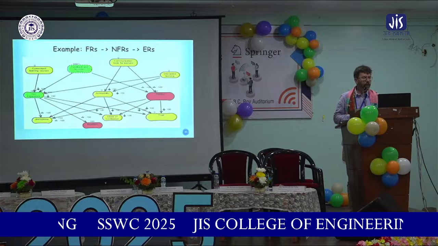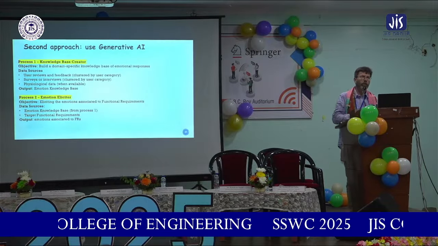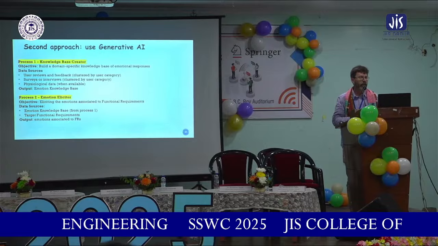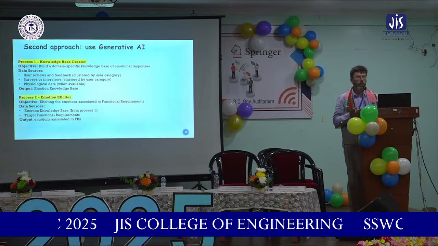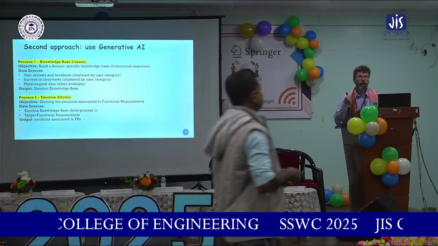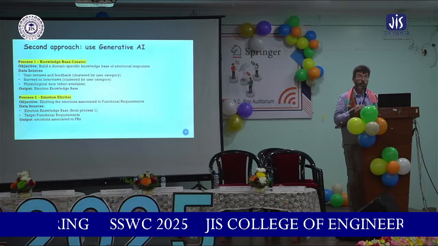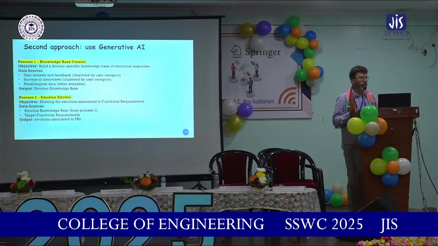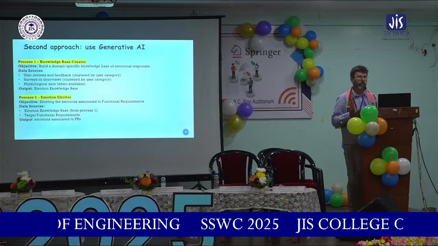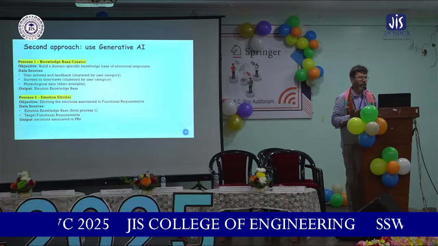And then we have a second approach, which is possible. Instead of using a traditional approach, we may just rely on using generative AI. At this point, we have an amount of data on previous systems. We have reviews, we have feedback, we have surveys, interviews, we have possibly also physiological data.